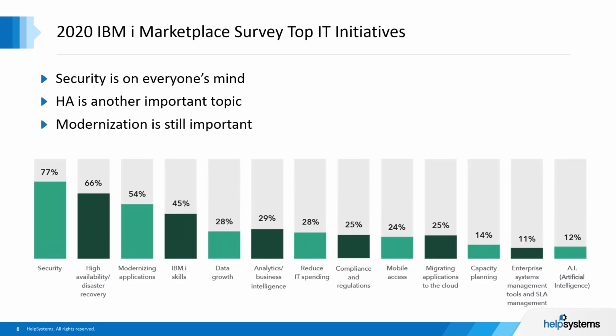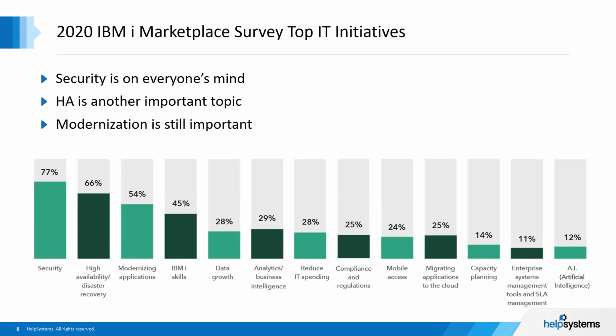You may have seen this. This was the 6th annual IBM i Marketplace survey results. We had in excess of 500 customers respond this year. And one of the questions that we ask, and we've been asking it since I think 2015, is what are your top priorities for the coming year?